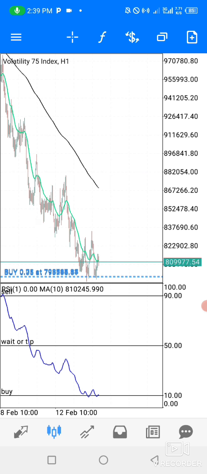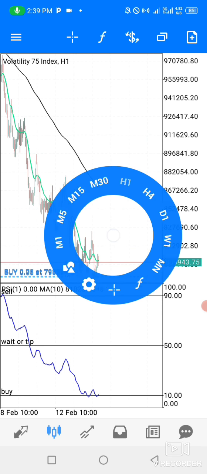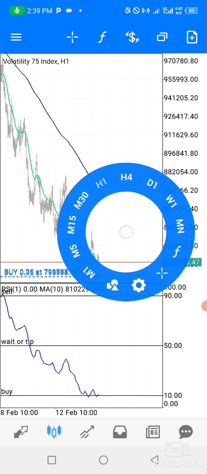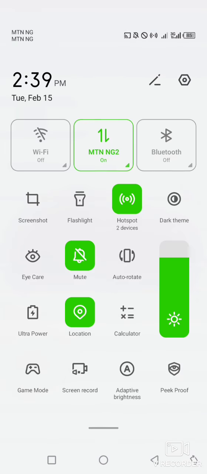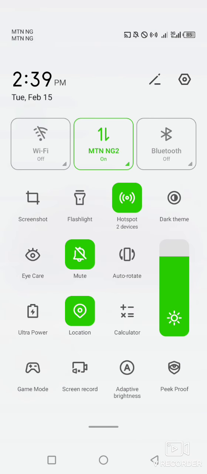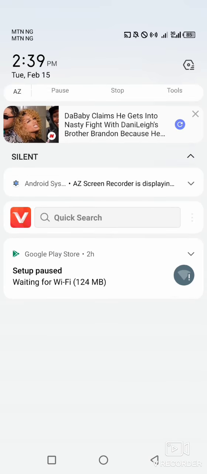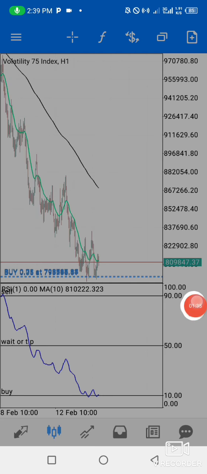Okay, now see how I analyze this market. I go to H1. Now, I notice how this market is moving in the H1. Let me change direction here. So see, this market has been on a serious downtrend, and basically it's moving in a channel which I have not drawn.